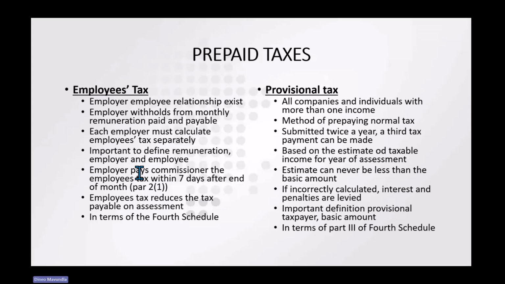Also, any amount that is paid for reimbursable purposes, for expenses that they actually incurred in the course of employment. So if you spent your own money and then your employer pays you back for that money, that would not form part of your remuneration. Any annuity under a divorce order would not form part of your remuneration.